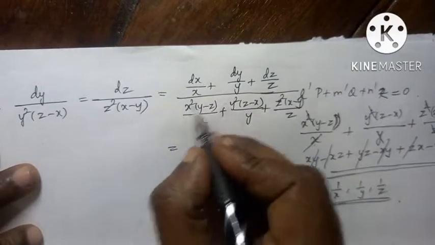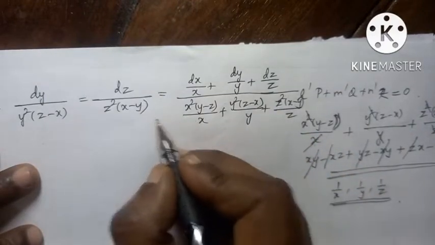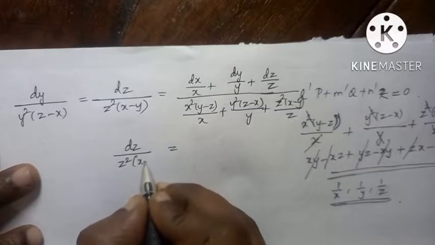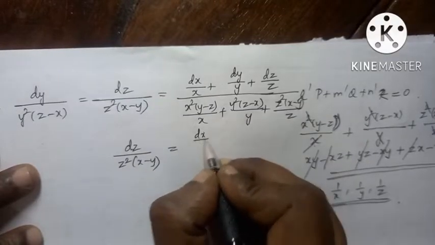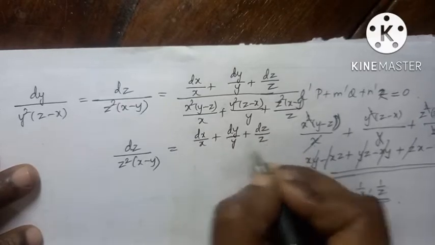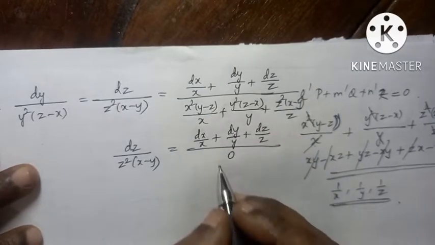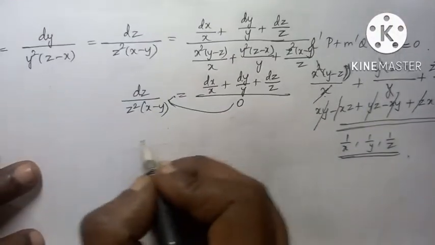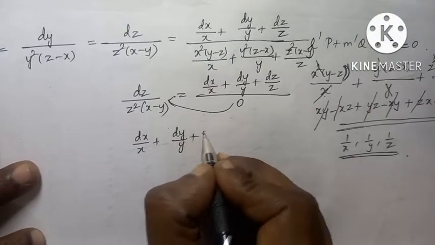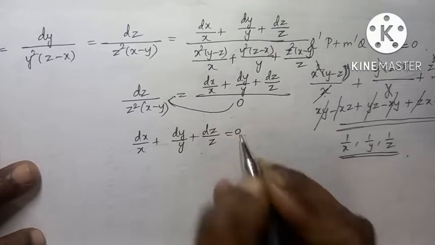So this is 0, just now we confirmed, right? Take any 2 ratios. dx by x plus dy by y plus dz by z over 0. Cross multiply.